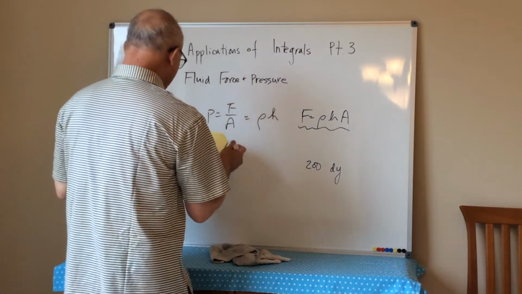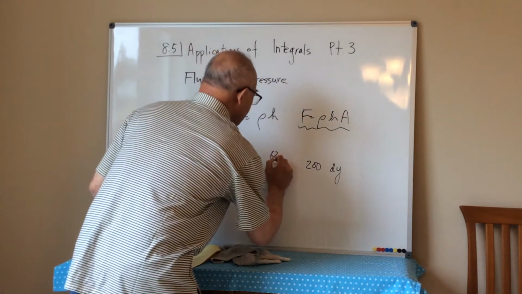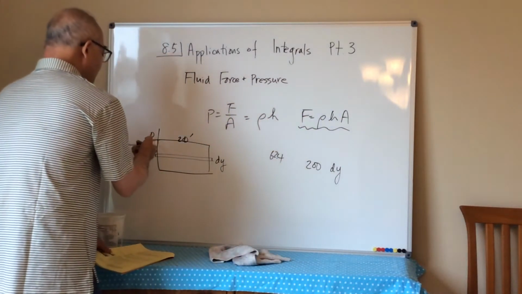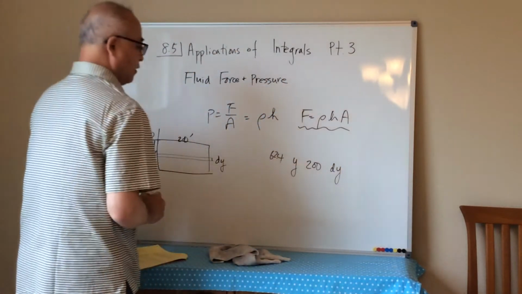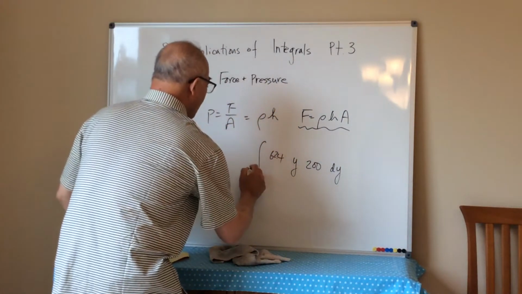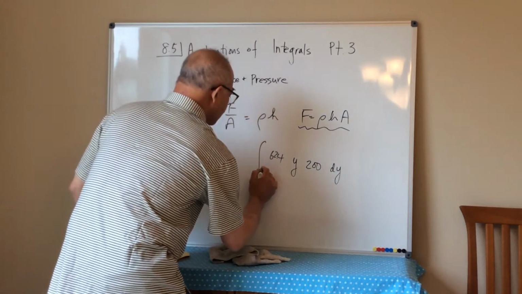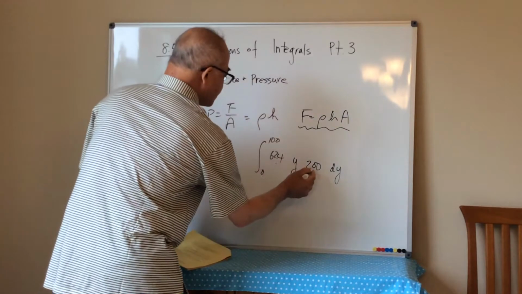The rho is what? We're given that 62.4. And then the depth from here to here is basically y, right? And y is going to go from where to where? From 0 to 100. Okay? So I can pull these two out.